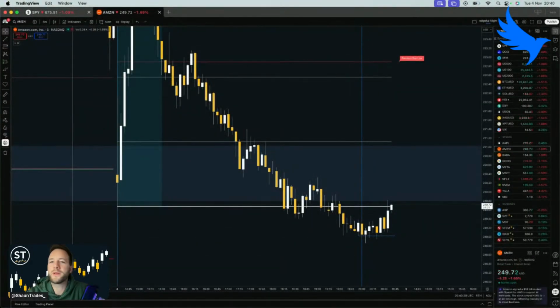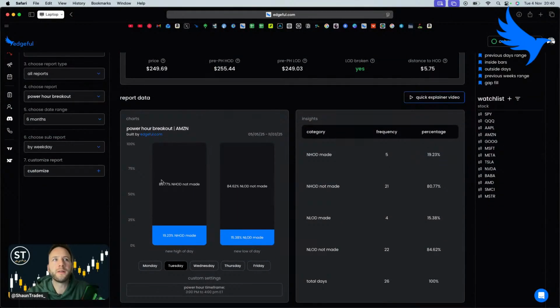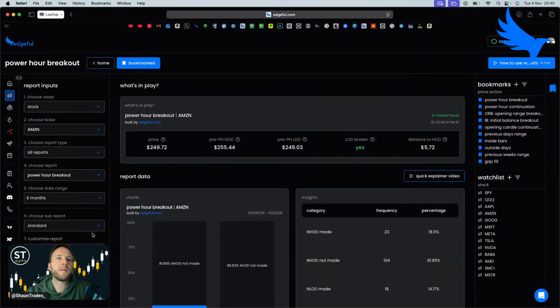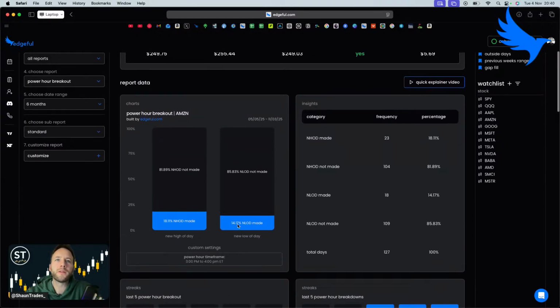So that 15% that you see on the screen here will be slightly higher next Tuesday. And if we take off the weekday and go back to standard, which is every single day in the last 6 months, then you'll see that 14% will go up ever so slightly for tomorrow's reporting.